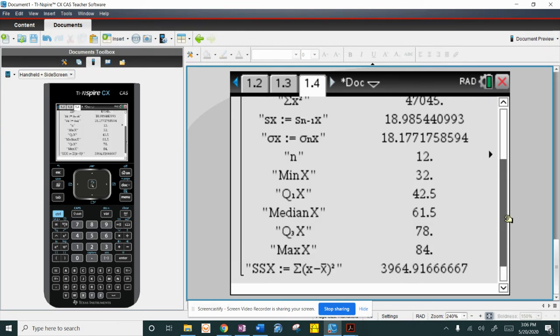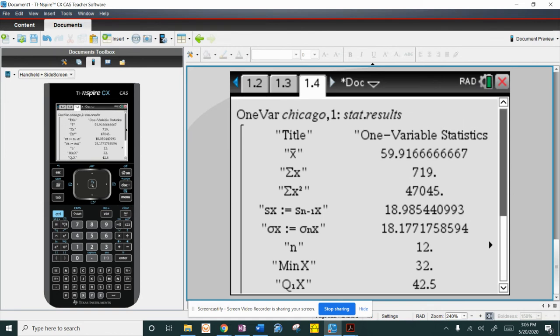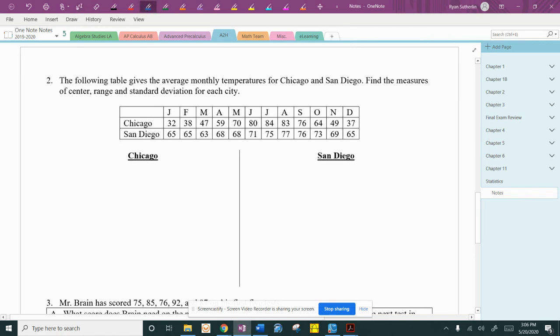And we get lots of information here. So notice x bar, there's my mean. So the average temperature in Chicago is 59.917 degrees. So I've got for Chicago, the average temperature is 59.917 degrees. We'll do median, we'll do mode, we'll do range, and we'll do standard deviation.